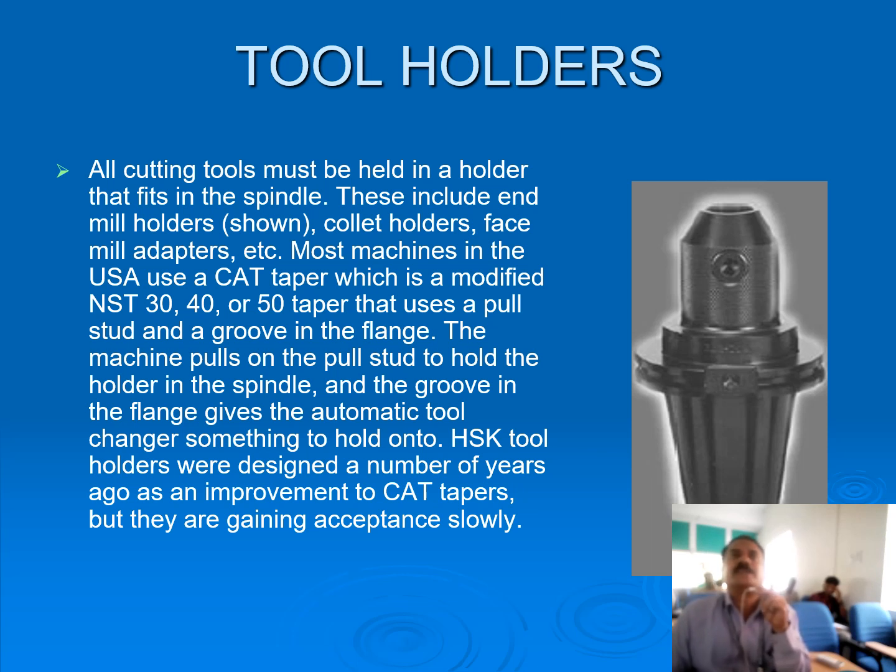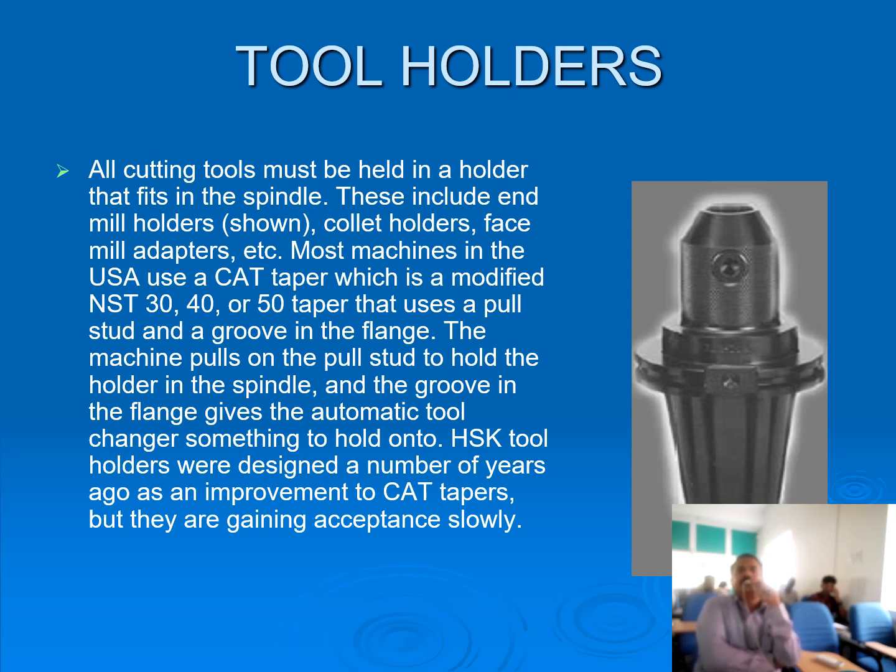Now, tool holders. All cutting tools must be held in a holder that fits in the spindle. These include end mill holders, which is shown in the figure, collet holders, face mill adapters, etc. Most machines in the USA use a CAT taper, which is a modified NST 30, 40 or 50 taper that uses a pull stud and a groove in the flange.